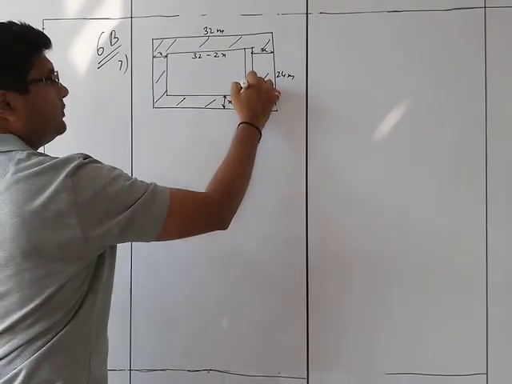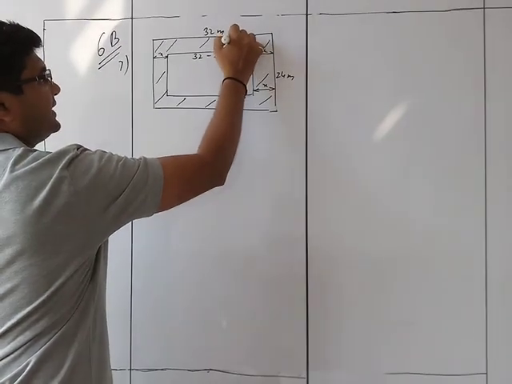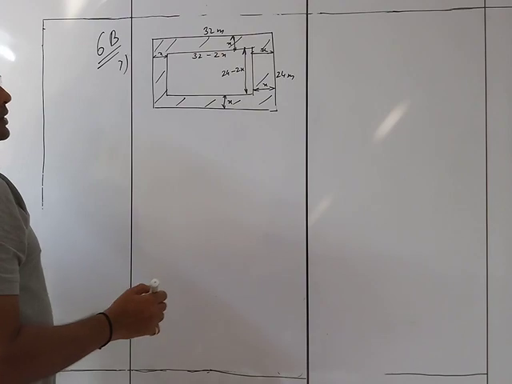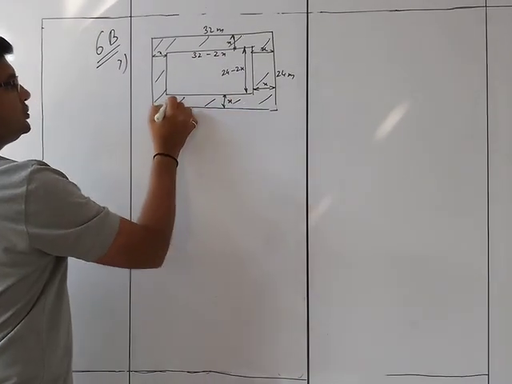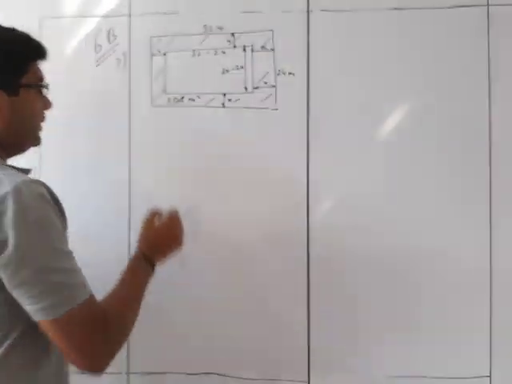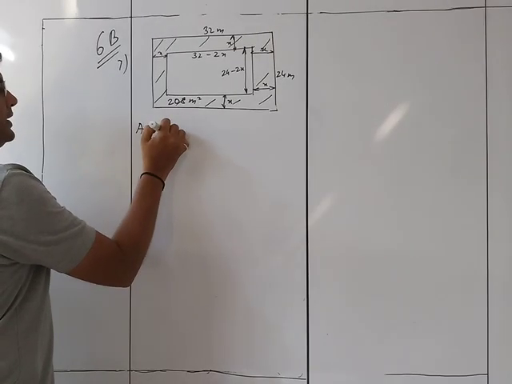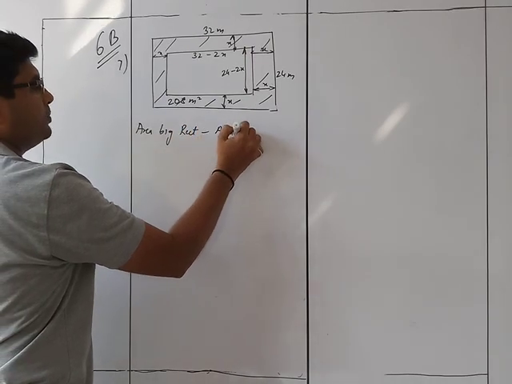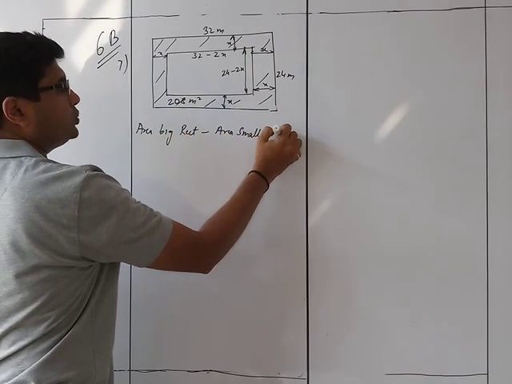The breadth over here will become the same way, x and x on both sides, it will be 24 minus 2x. And we know that the area over here is 208 meters square. So what do you have? Area of big rectangle minus area of small is equal to 208.